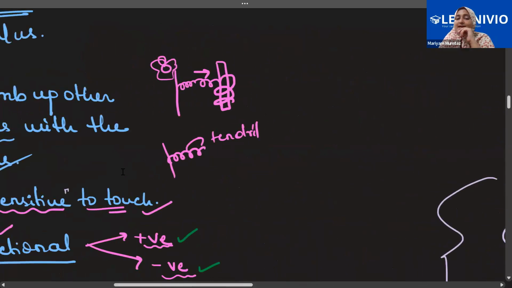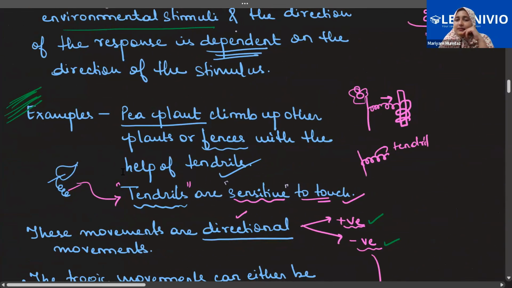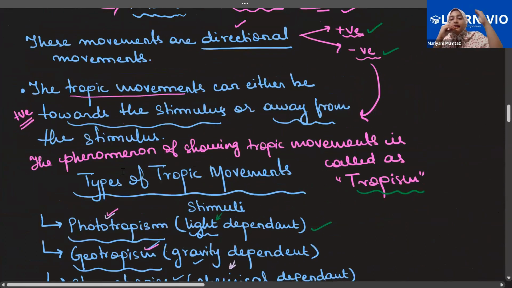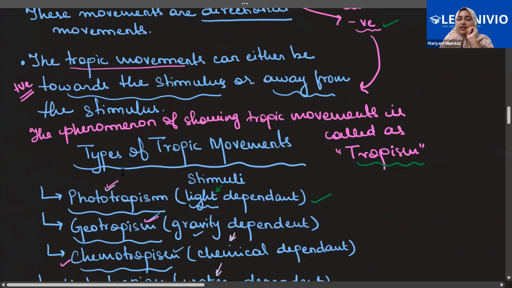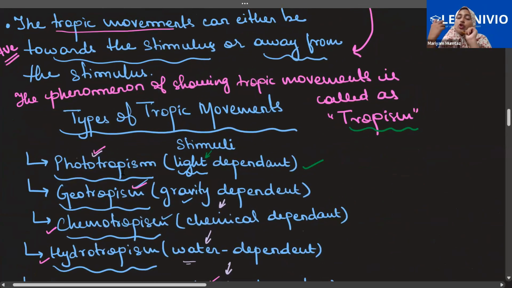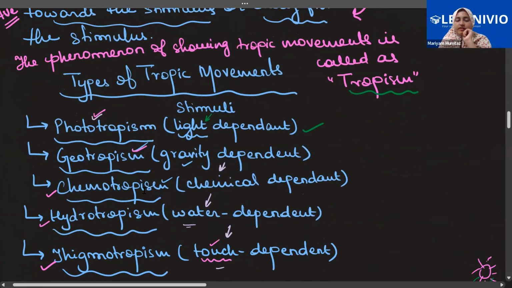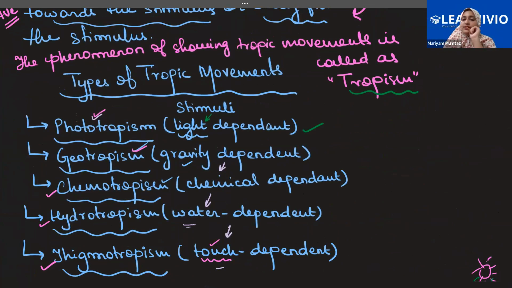So this is how we would describe the tropic movements. And them being directional means one can be towards the stimulus and one can be away from the stimulus, right? The phenomenon which shows tropic movement, we'll call tropism. And these are the types of tropic movements. We have phototropism, where the stimulus is light.